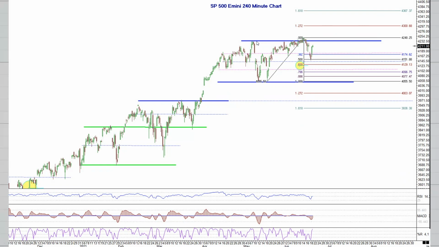But clearly we can see that we're still within this large range in the S&P 500. Now, the 886 retracement that I just showed you lines up at the lower end of this range with that potential ABCD buy pattern.